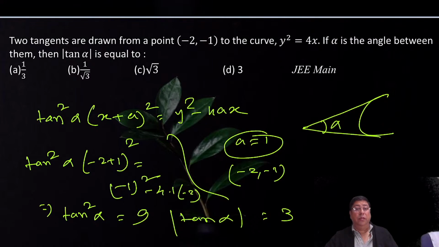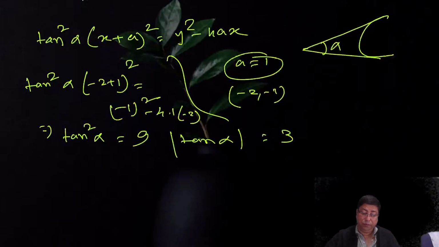So everybody, in coordinate geometry, a lot of questions are coming. There is a lot of weightage in coordinate geometry. And we have to cover all of coordinate geometry, mainly circle, parabola, ellipse, and hyperbola.